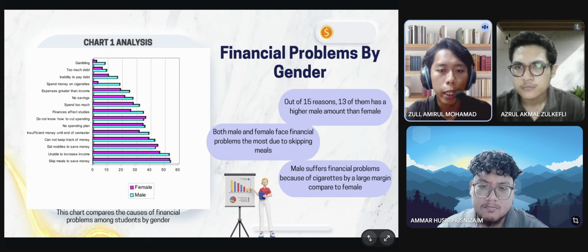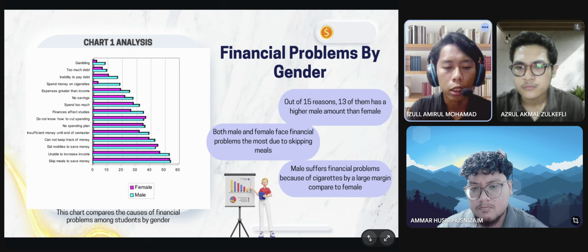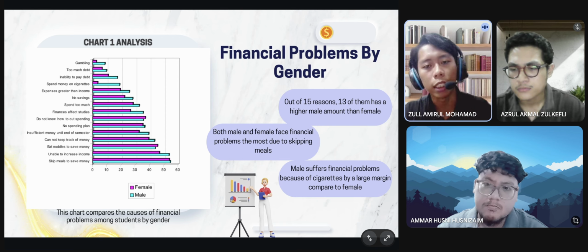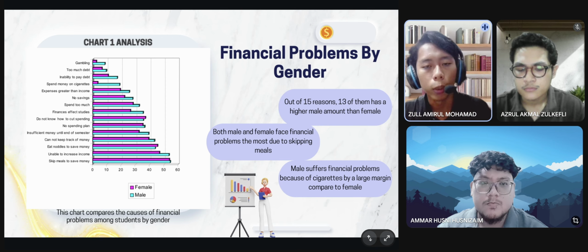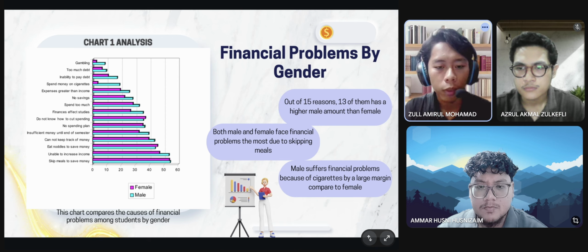Secondly, both male and female face the most financial problems due to skipping meals. This can be caused by their drive to spend money on other things instead of food. One such example is spending money on fashion trends or holiday trips and etc.